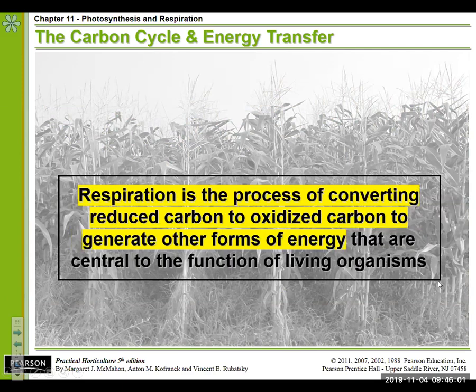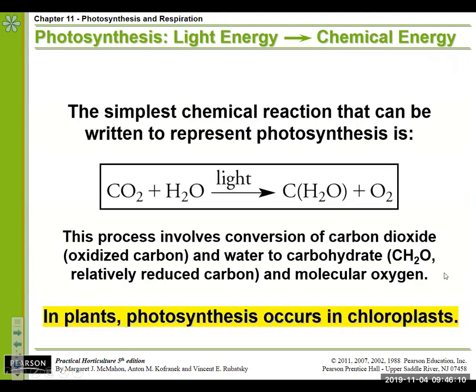So respiration is the process of converting that reduced carbon to oxidized carbon to generate other forms of energy. Here's the most simple form of that chemical reaction. We've got carbon dioxide from the atmosphere plus water coming to us through the soil solution.